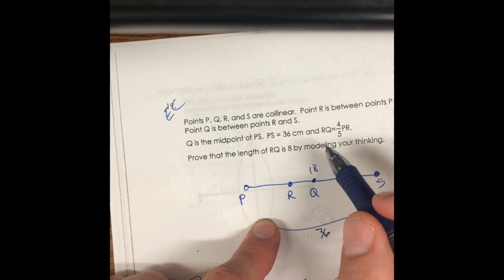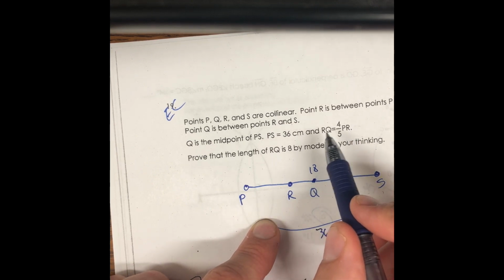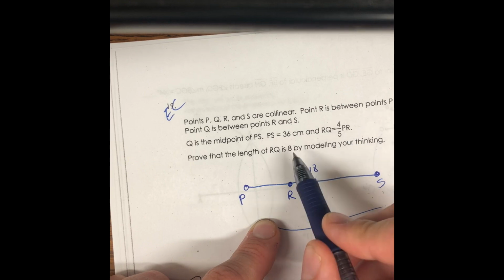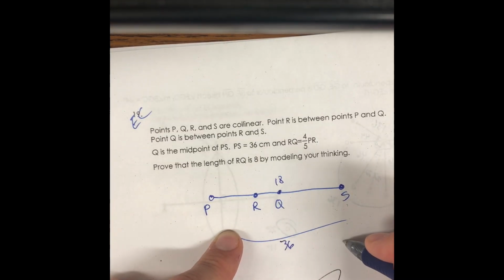And then it says that RQ is equal to 4/5 PR, and RQ is 8. So RQ is 8, and that's equal to 4/5 PR.